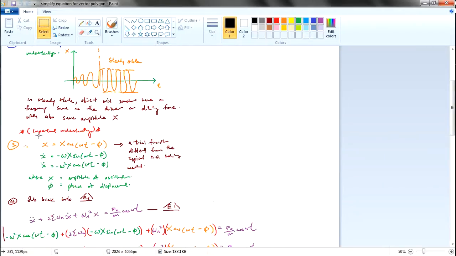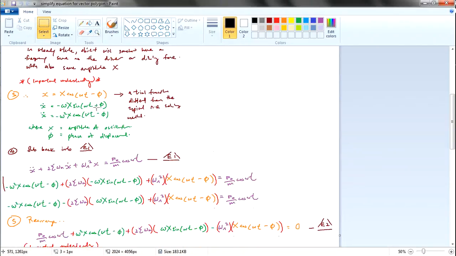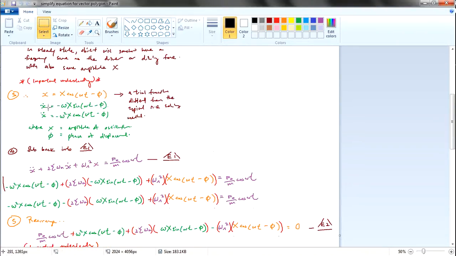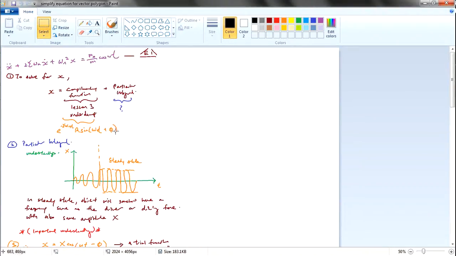Then we took a trial function, and described why x is being replaced. Nonetheless, the analogy may be wrong, the definition may be wrong. Then we talk about the phi angle, which is also messed up, but the meaning is about there. We differentiate this equation 2 times and set it back into the equation.